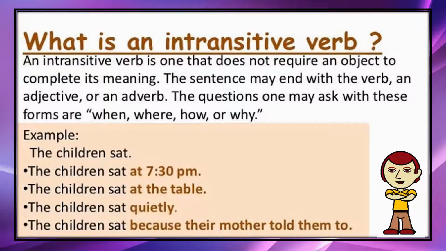Let's see the example. The children said. The answer: at 7:30 p.m., at the table, quietly, because their mother told them to. So you can ask yourself with the help of when, where, how or why. In a simple way, we can say that an intransitive verb does not require any object.